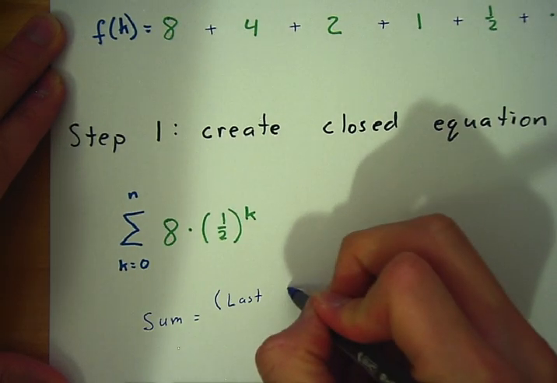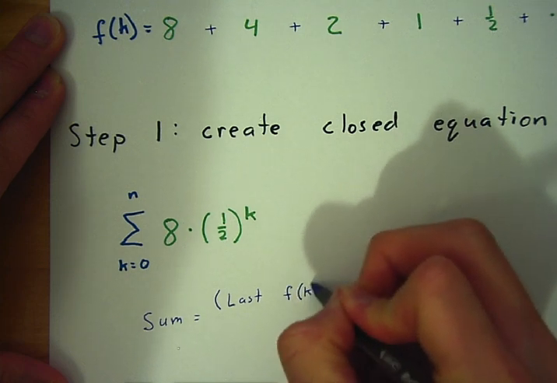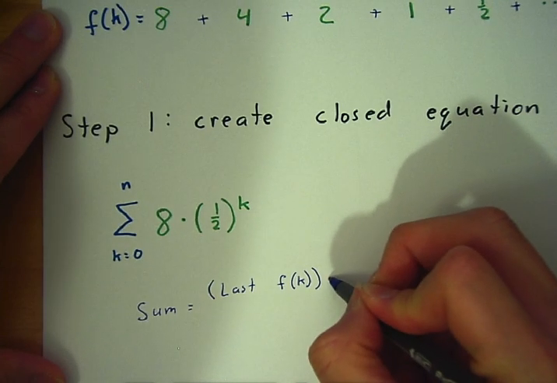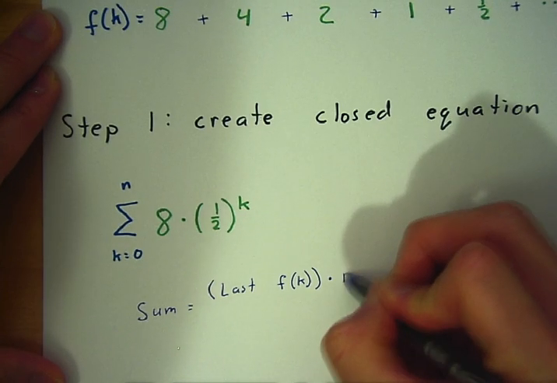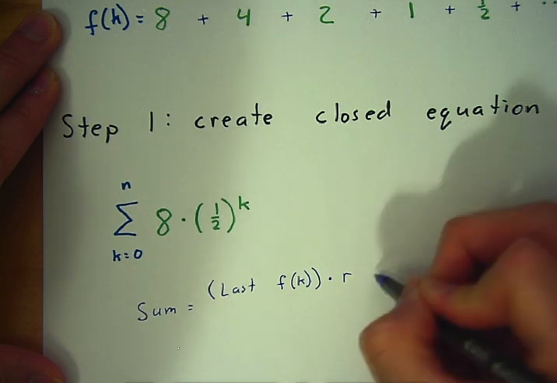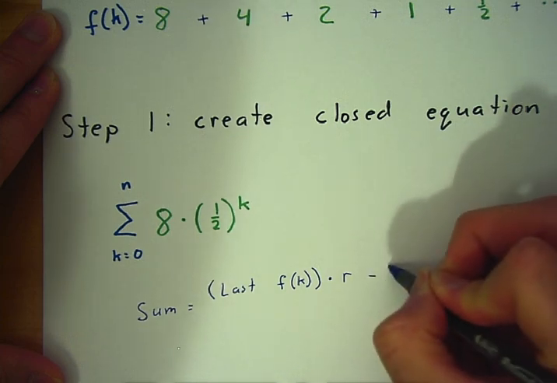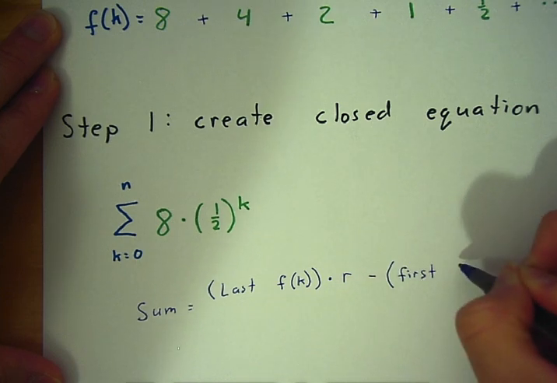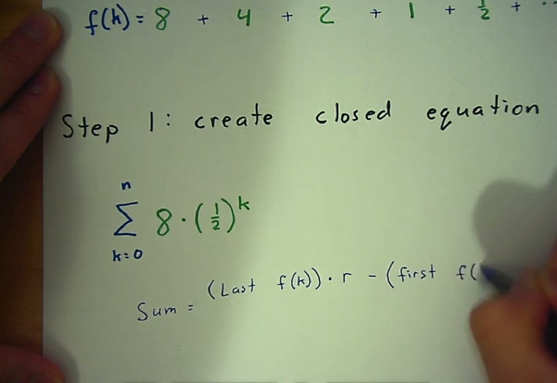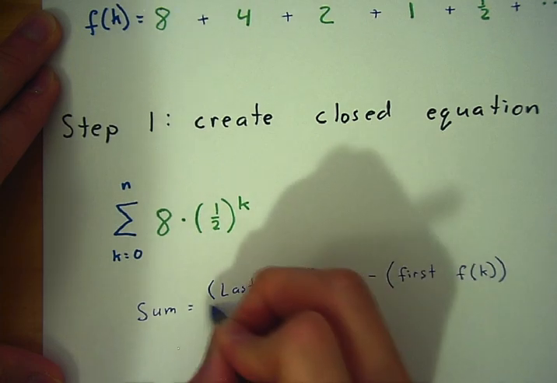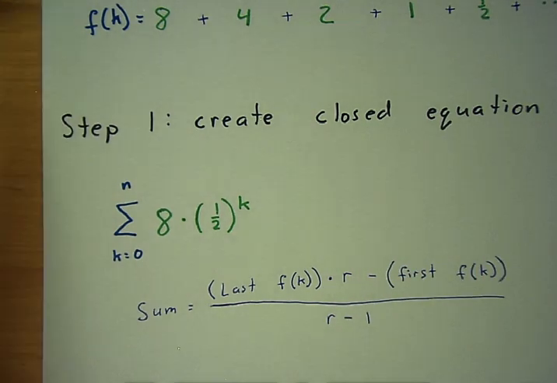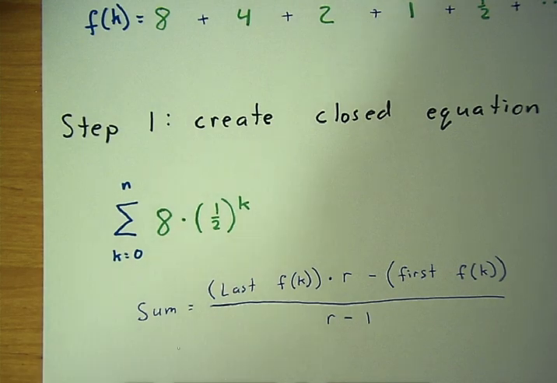So why don't I just put that, my last f of k multiplied by r, the ratio, minus my first number in the series, or my first f of k, all divided by r minus 1. So that's the super general formula for the sum of a geometric series.